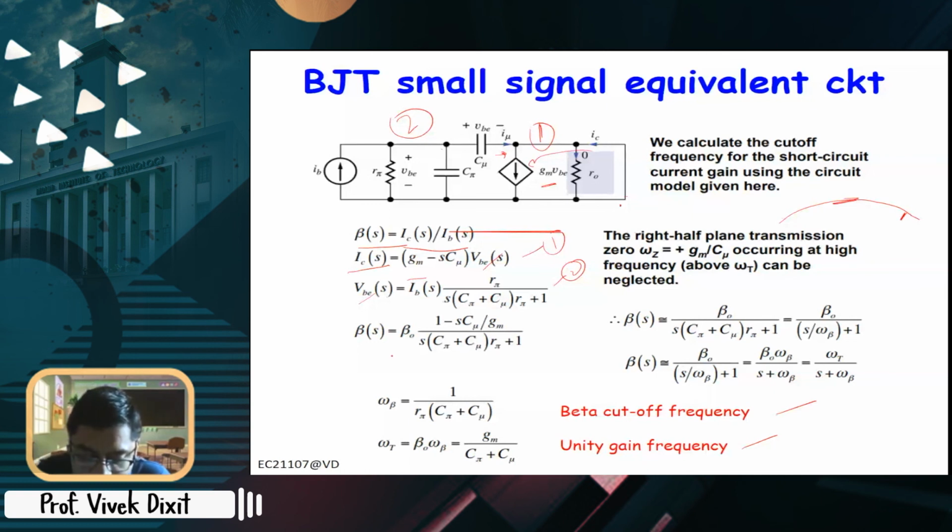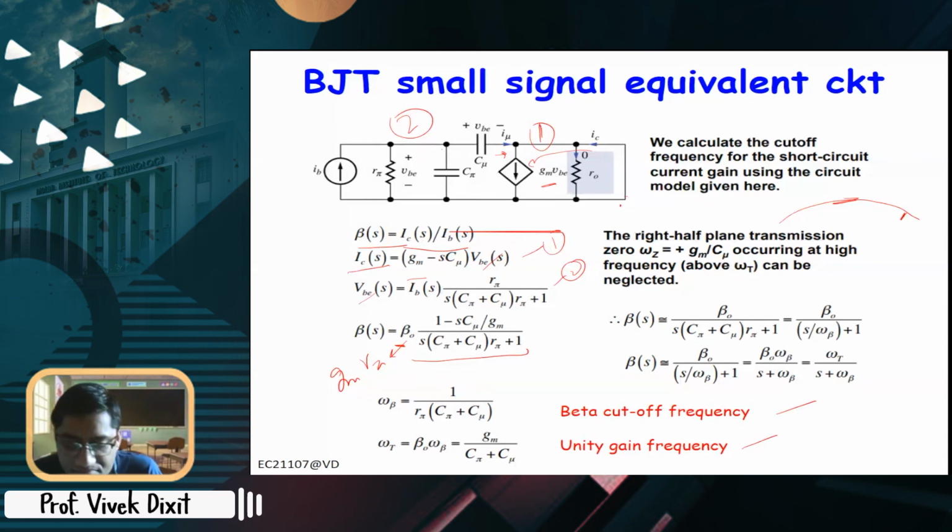Beta naught is basically replaced for gm R pi; gm R pi is written as beta naught here. So beta naught is your common emitter current gain, and this is the frequency dependent term.